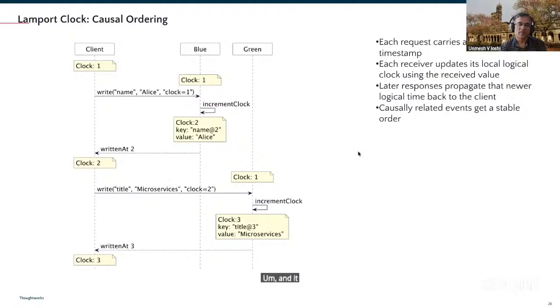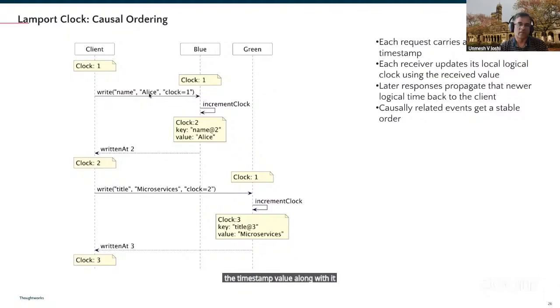And it won't just increment the counter, but the other important aspect is that anytime any process sends a message to another process, like in this case, the client is sending this write request to blue, it also sends the timestamp value along with it.